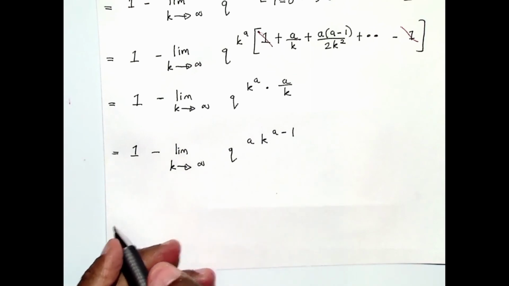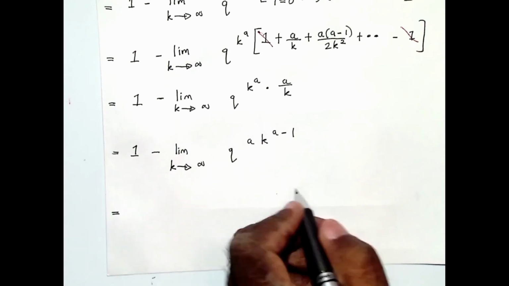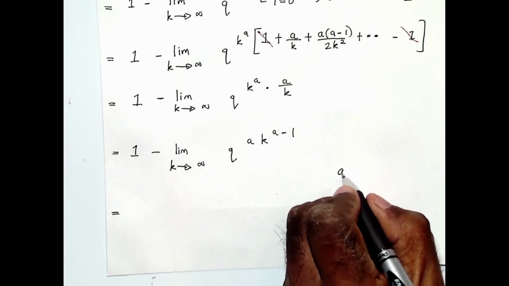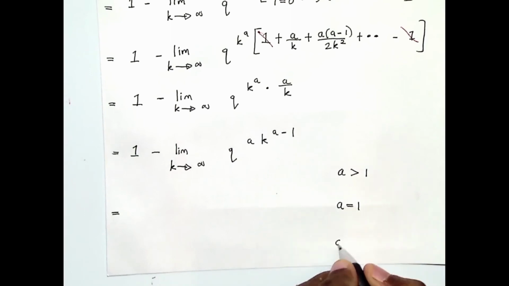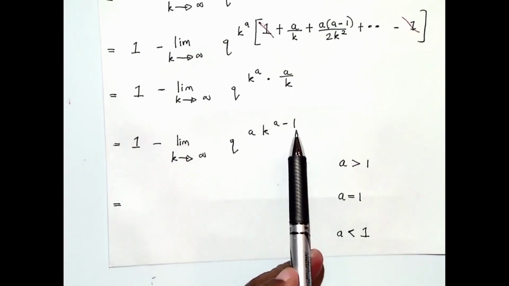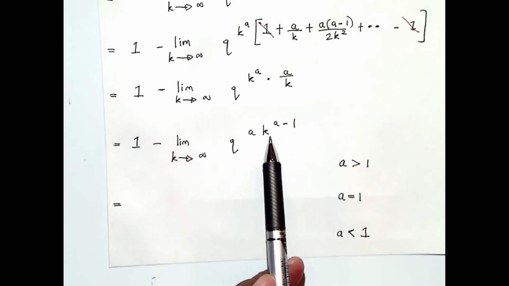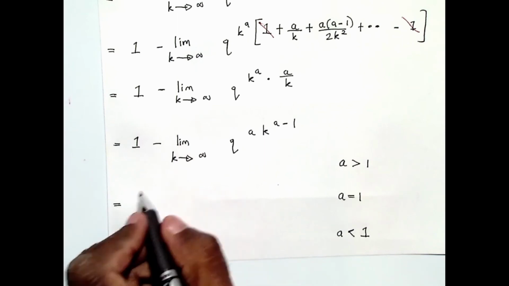Now, we need to consider 3 cases. You will see why. We need to consider the case where a is greater than 1, where a is equal to 1, where a is less than 1. Now, if a is greater than 1, then a minus 1 is a positive real number. So as k goes to infinity, this term here will also go to infinity. So what you will get is the following limit.